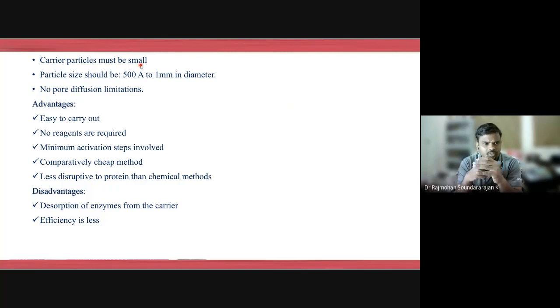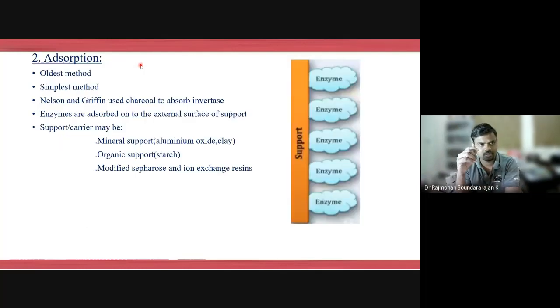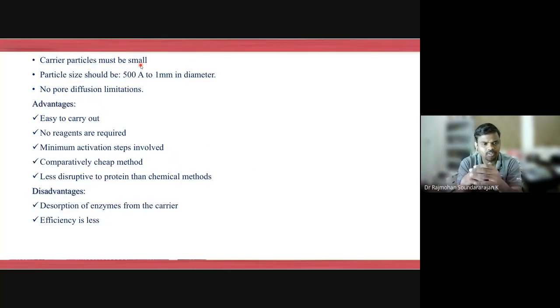There should be no limitations from pore diffusion, because mass transfer of these enzymes should not be a problem. In the next lecture, we'll discuss the mass transfer effects on these immobilized enzymes. Now, some advantages of this adsorption method. It is easy to perform, because not much labor is required. With little knowledge of how to handle the chemicals and adsorb, it can be performed.